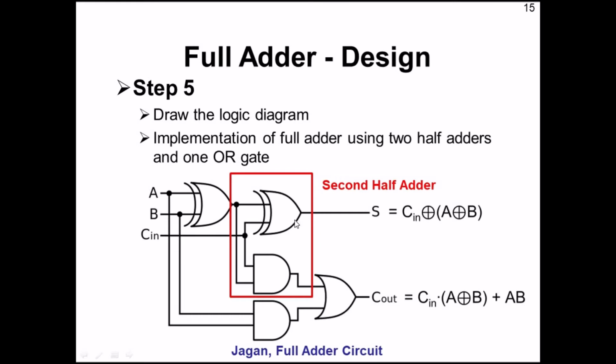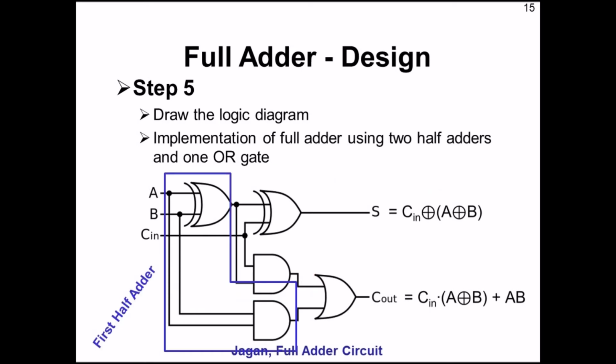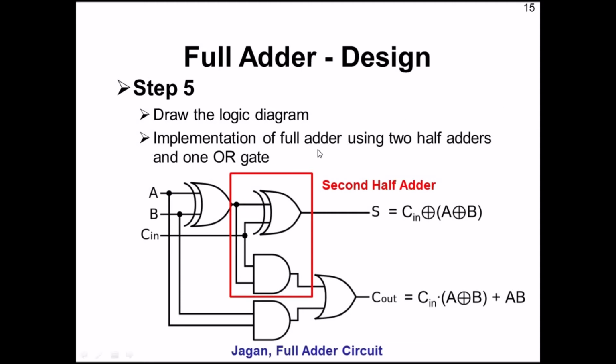So this will give the sum and this will provide you the carry. So here we have two half adders, the first half adder and the second half adder. That's why we are implementing the full adder circuit using two half adders to accomplish these Boolean expressions: S is equal to Cn XOR with A XOR B, and C out is equal to Cn into A XOR B plus AB.